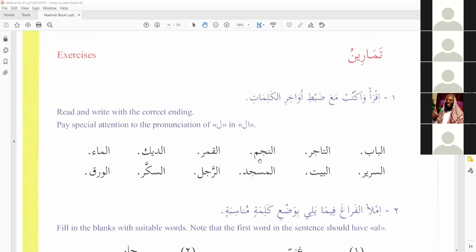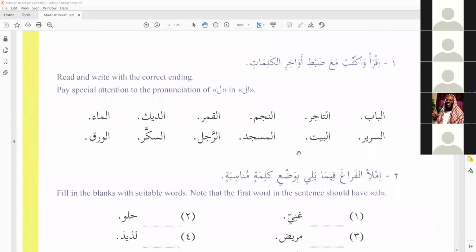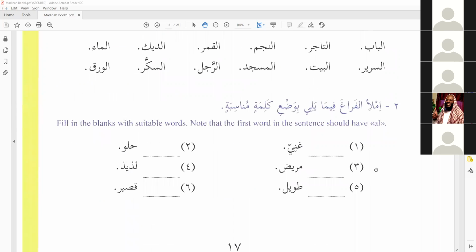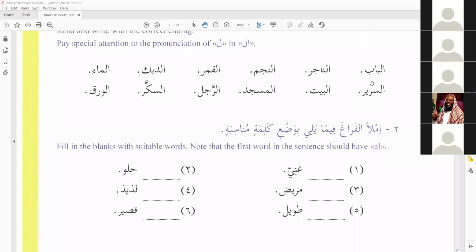So I would like you all to practice the next exercise in the interim until next class. And if you can do the one after that, that would be even better. So what they're trying to test you on here, or the skill that they're trying to develop, is your recognition, right? Because it's easy to recognize the sun letters when you have an exercise where they're all sun letters, and then recognize the moon letters when all the examples are moon letters.